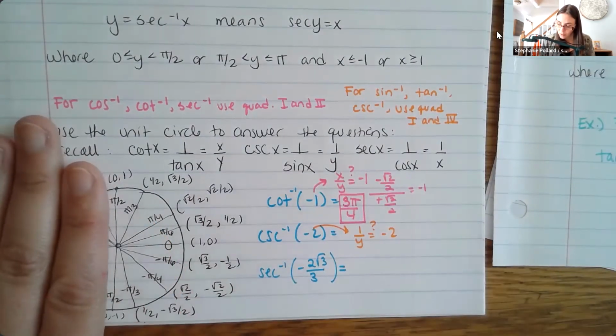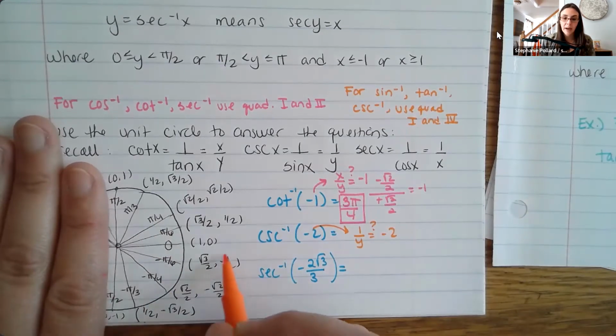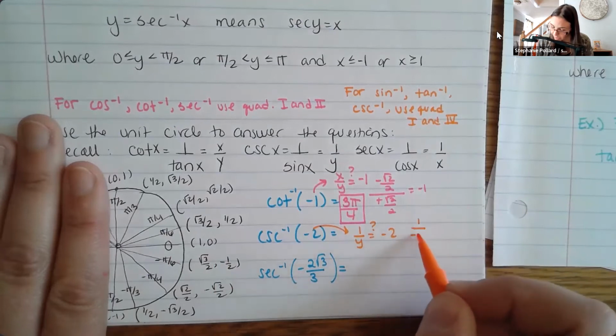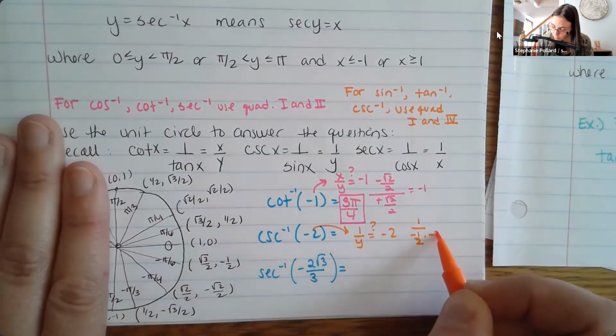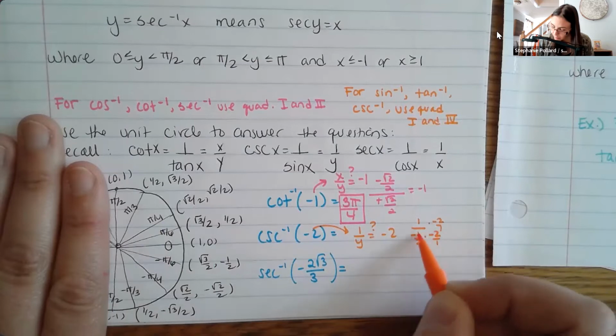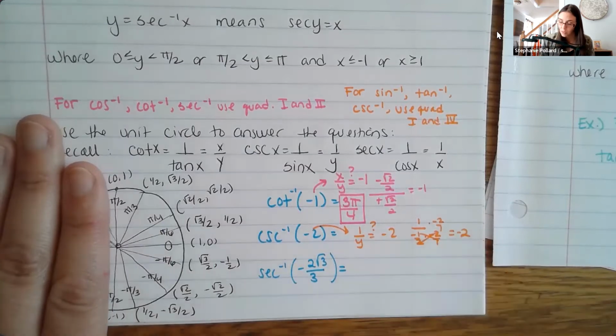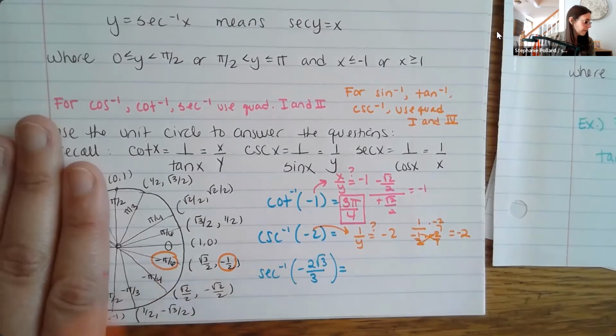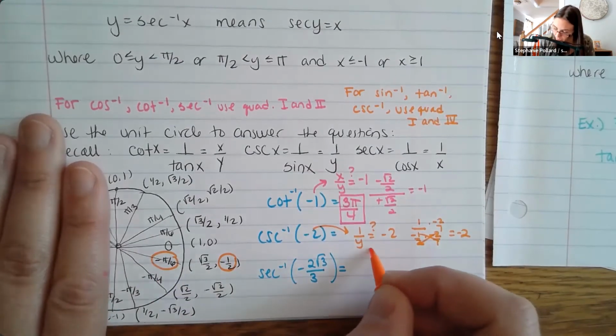Well, the one that works there is this -1/2, right? If I think about that, 1 over -1/2, I'd multiply that by -2 over 1, and I get -2. So here was the y value that I was looking at. I reverse out to the angle, and that would be my answer here, -pi over 6.